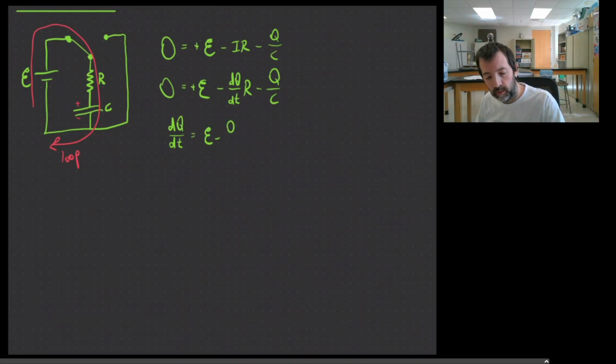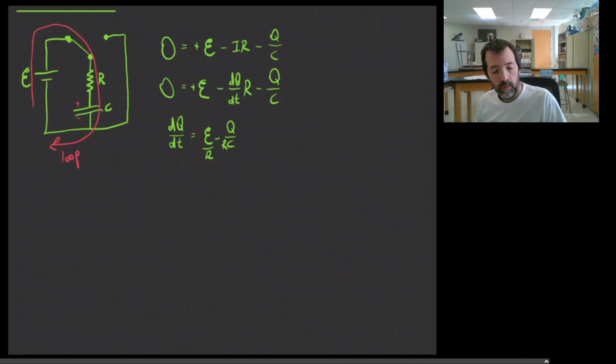E minus Q over C. I need all of them over R. Like that. The solution to this differential equation is not as obvious as before because there's this other term in the way, but that's a constant term. E, the EMF of the battery, is constant, and R, the resistance, is also constant. Right? There's no Q. The only thing that's varying with time in this equation is Q.